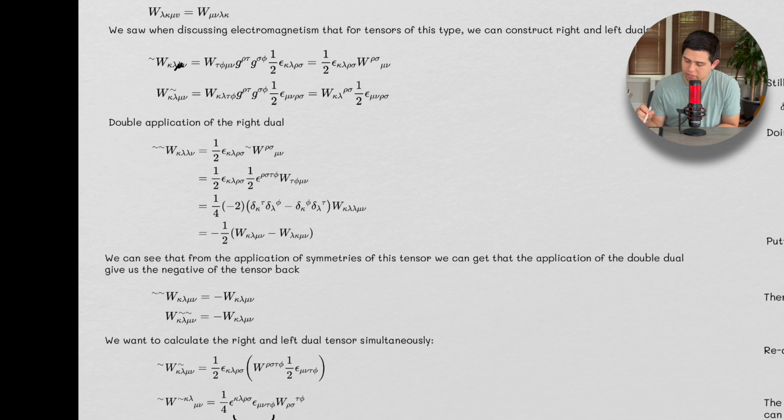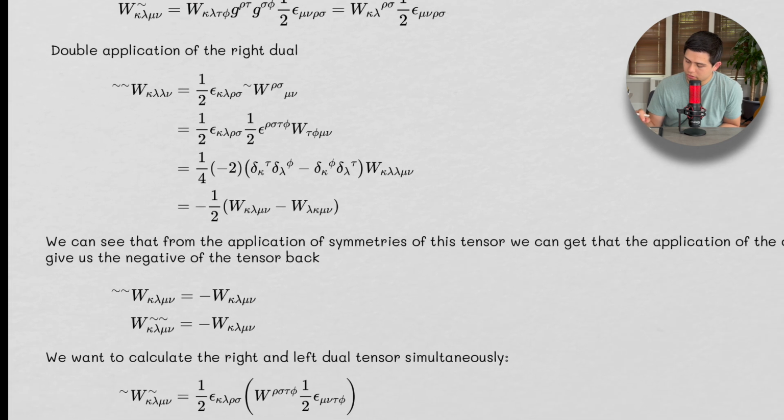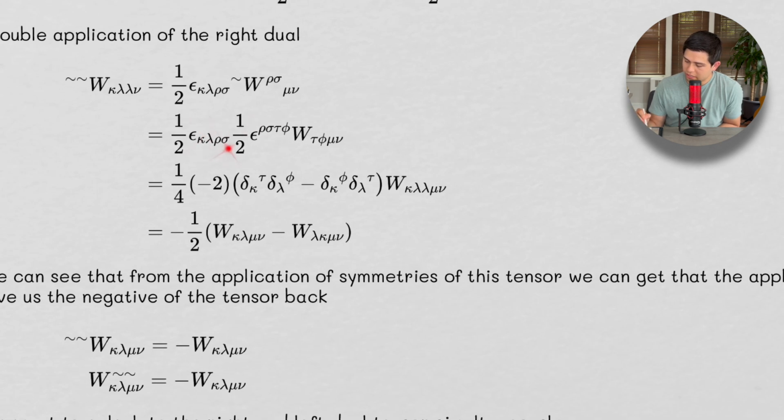So the double application of the right dual is going to be this. We have two applications of the right dual operator: we right dual and then right dual again. That's what we get down here, and then this identity, 1/2 times 1/2, gives us 1/4.